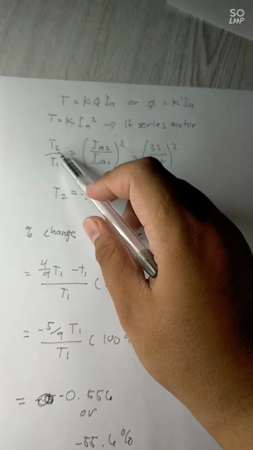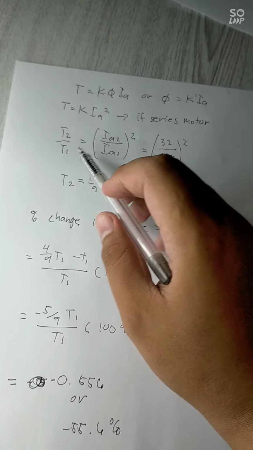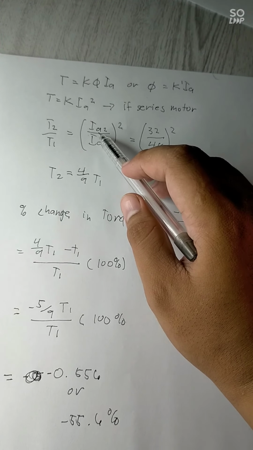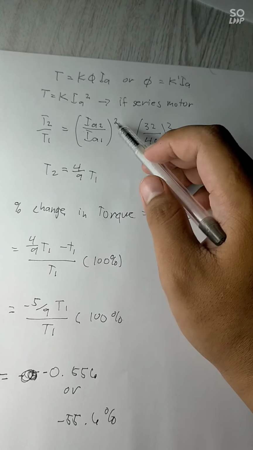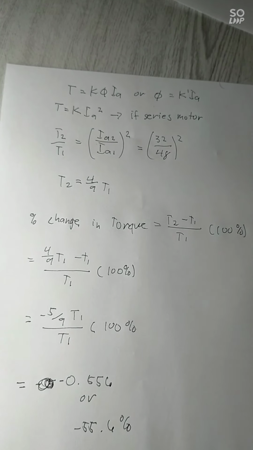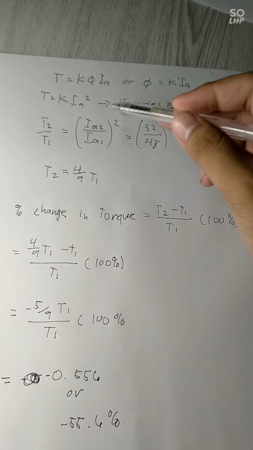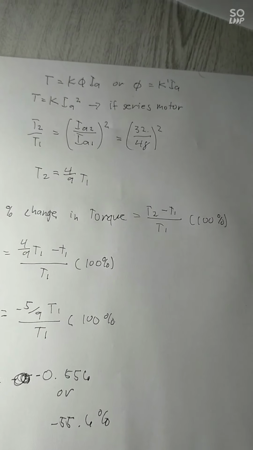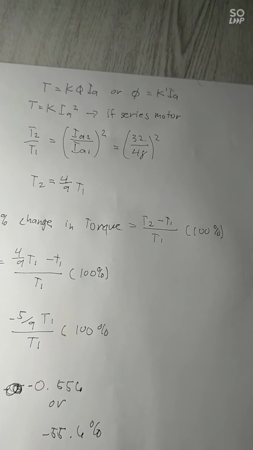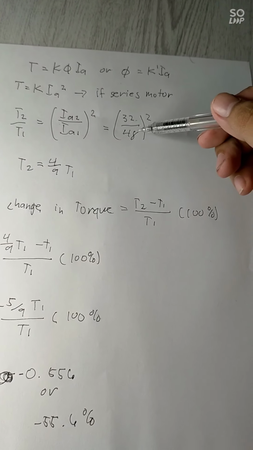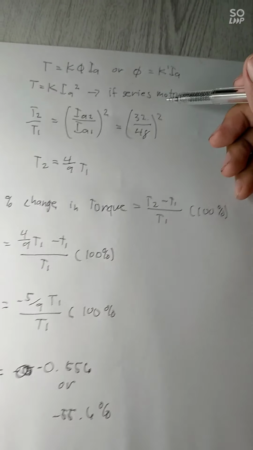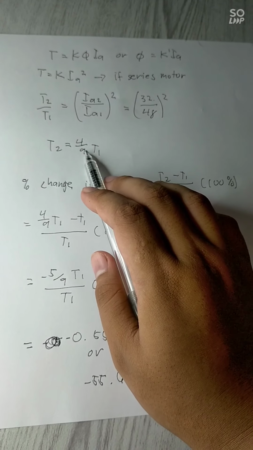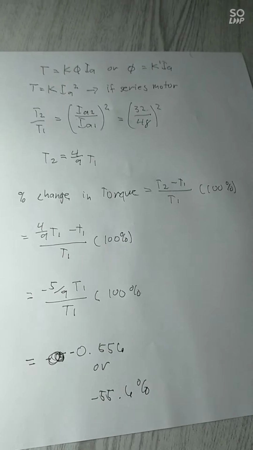So natay T2 over T1 equals to IA2 all over IA1 squared. So natay 32 kaning IA2, kay gi-solve ni siya sa una nga problem. So kaning 48 given na ni siya. So squared na siya, makuha na to ang T2 nga 4 over 9 T1.